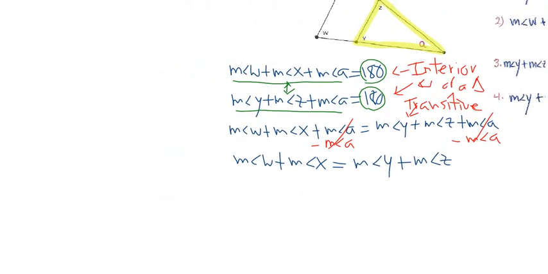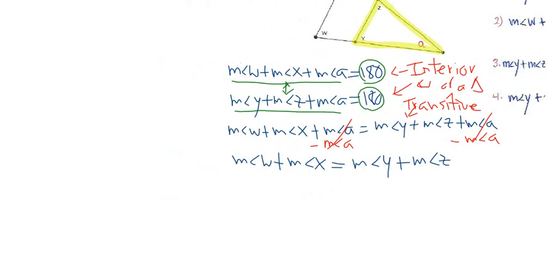And this is the symmetric property, because the symmetric property allows us to write equations in either order. For example, if you have x equal to 4, you could write 4 equal to x. You are allowed to change everything that is on the right side to the left side and everything that is on the left side to the right side.